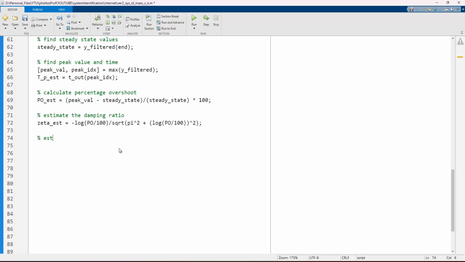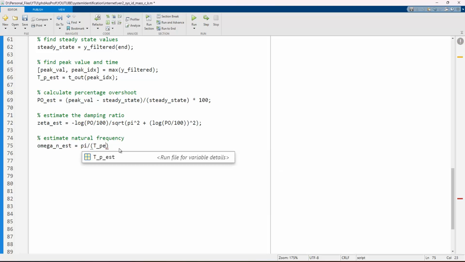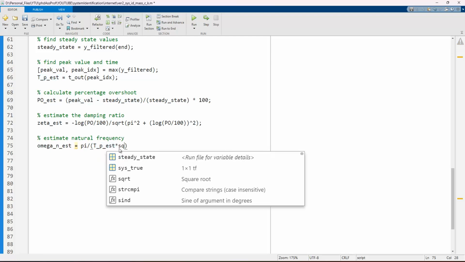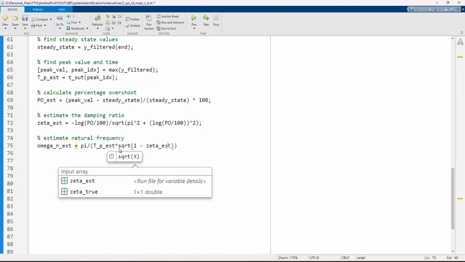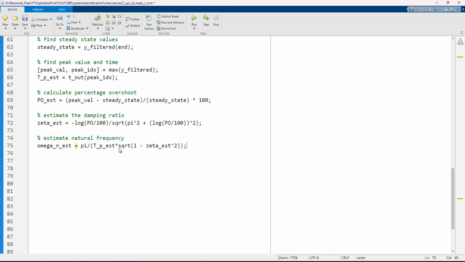And after that, estimate the natural frequency. Omega n est is equal to what? Pi divided by, this is the peak time formula, tp est times SQRT of 1 minus zeta est squared. Okay.